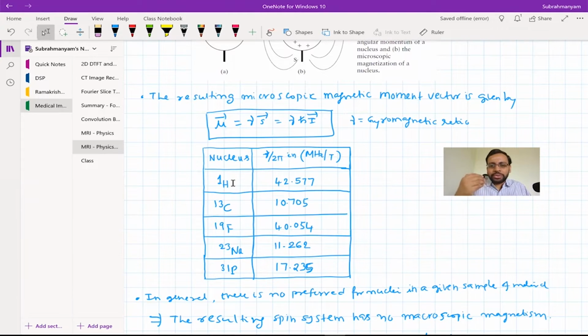That is what we are using as our source, something behaving like a magnet, and getting responses from it under a controlled environment. That's how we get the imaging of a given object. And just to add, it's not just the water, the fat in our body also has hydrogen atoms. That's the additional point I wanted to add here.